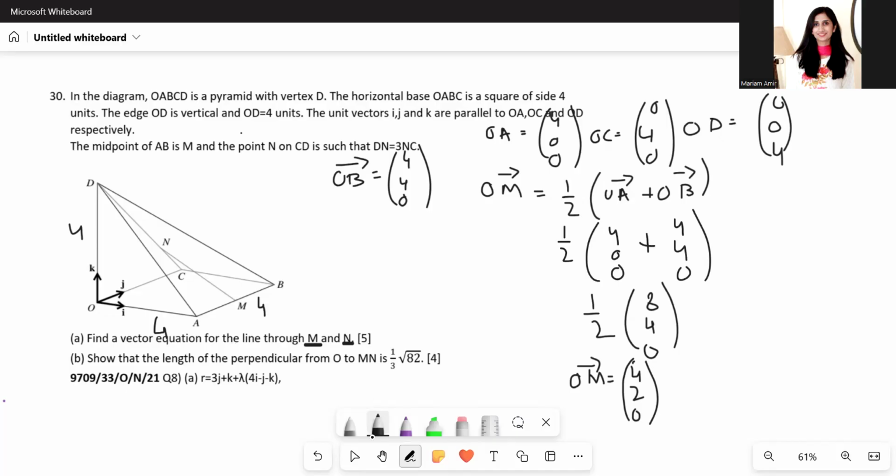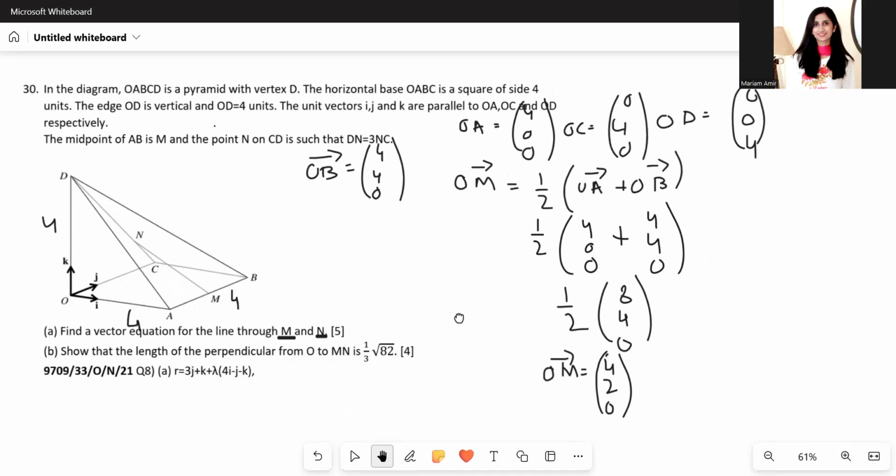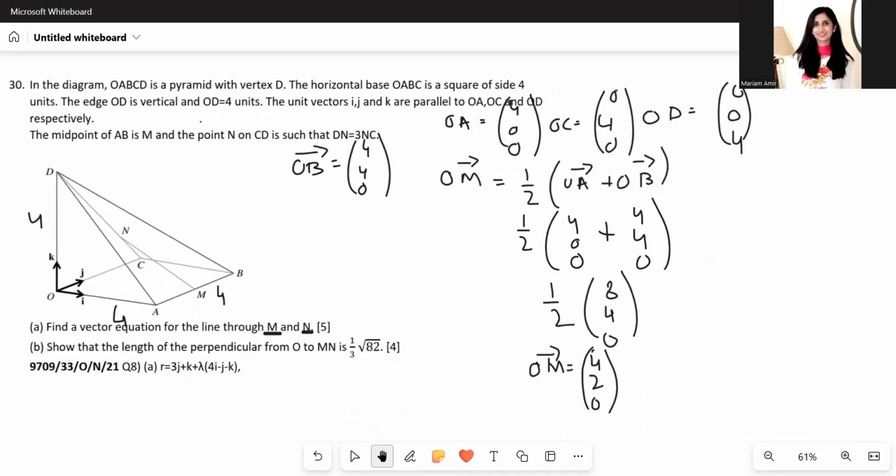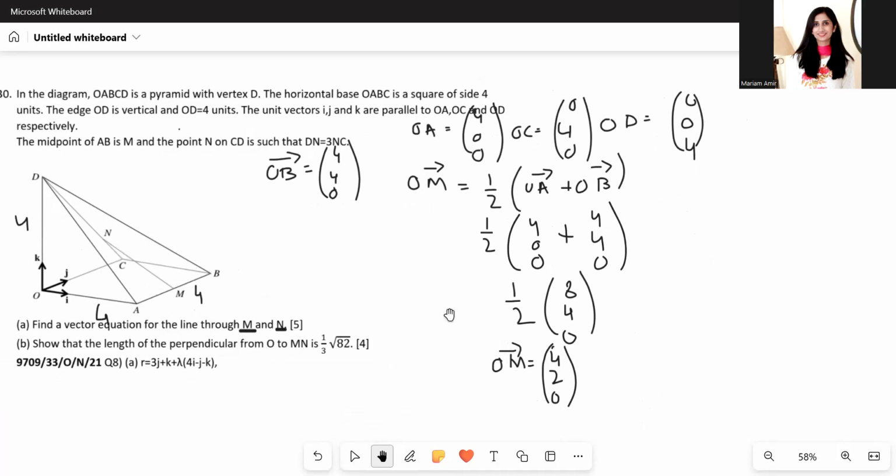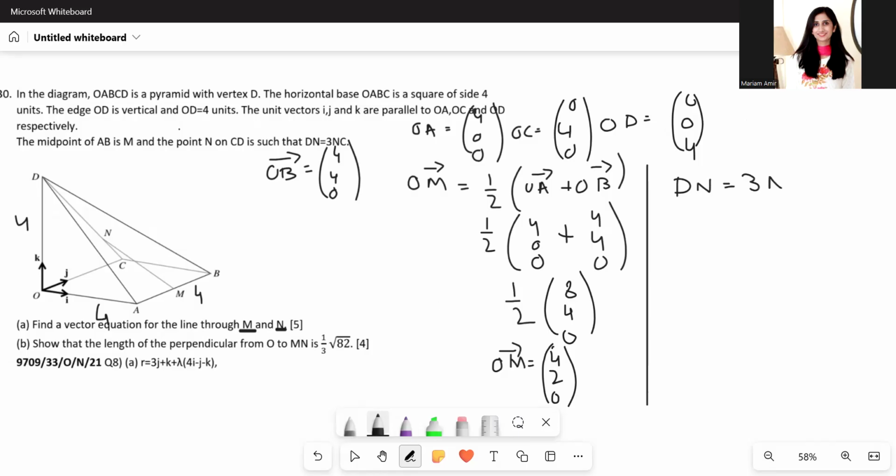All right. Next, I need the position vector of N. So I need ON. So how would we get ON now? We're told that N is on the line CD such that DN is equal to 3 times NC.